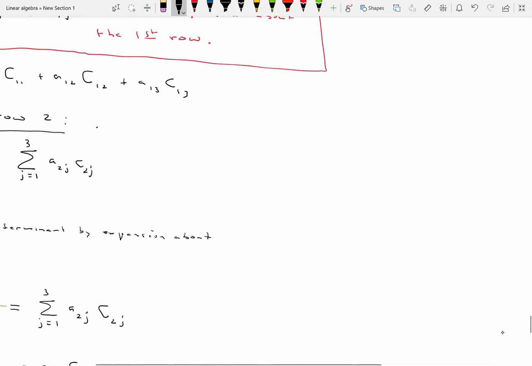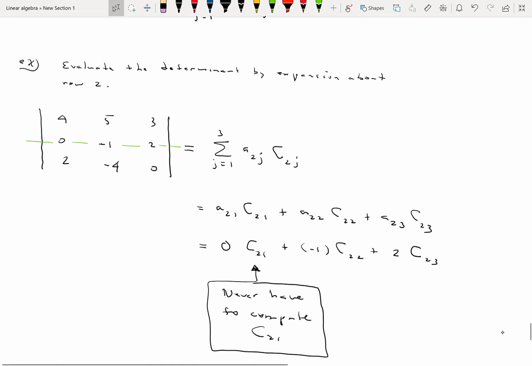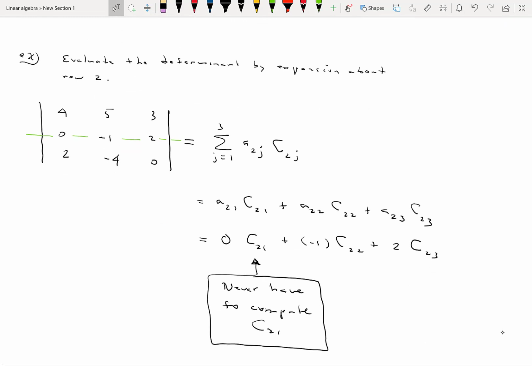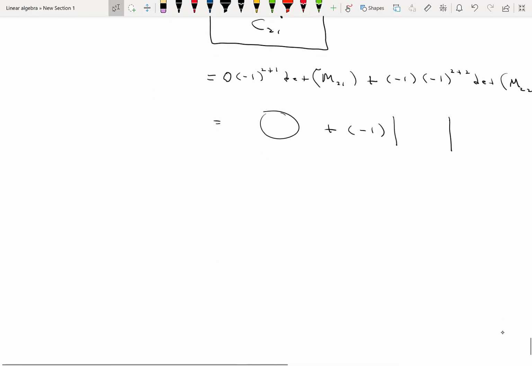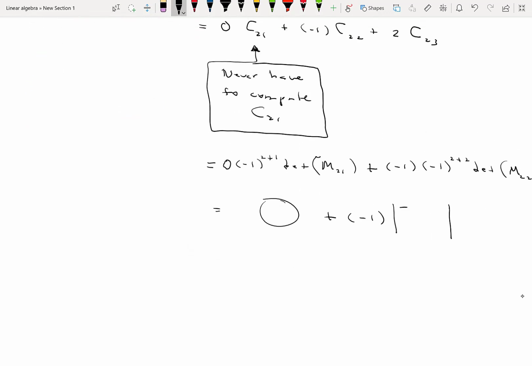Where is our matrix? Oh, there it is. The 2,2 minor of A is going to be the matrix whose entries are -1, 2, 4, and 0.